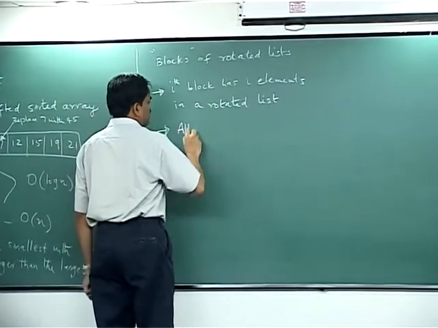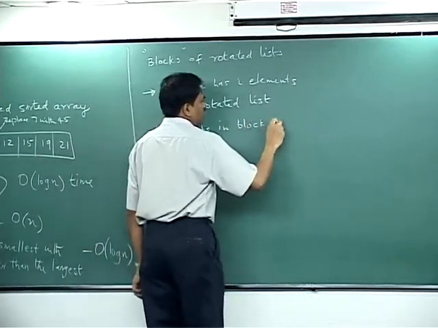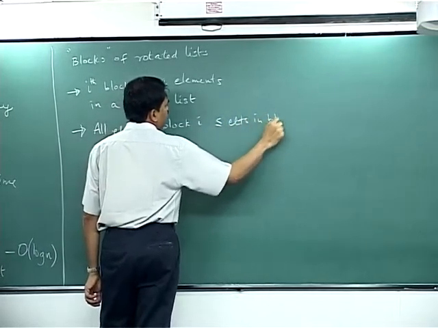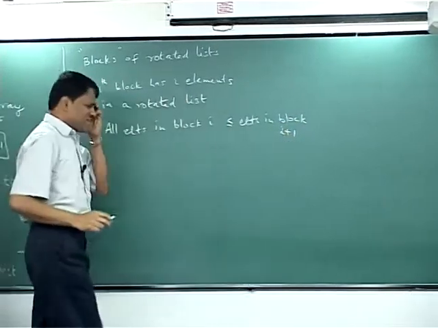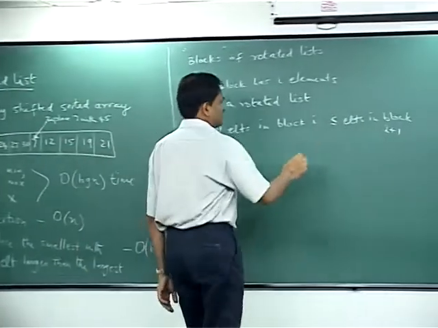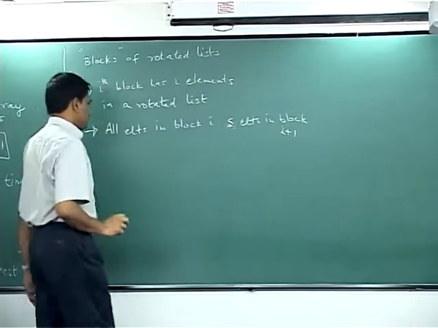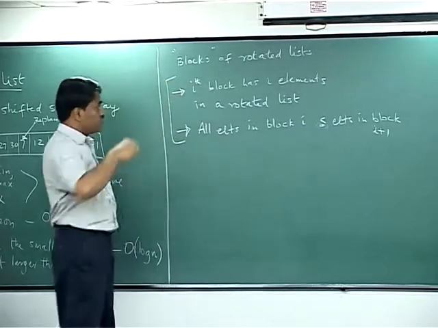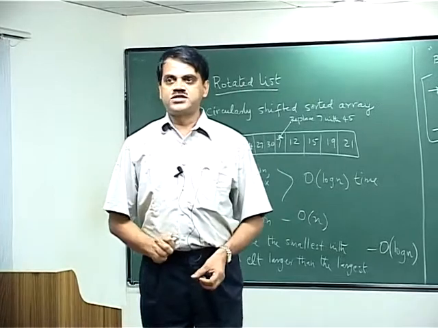and all elements in block i are less than or equal to elements in block i plus 1. For simplicity, I can assume that all the elements are distinct, so I do not have to even say less than or equal to, but the most general definition will say less than or equal to. So this is the structure I am building with rotated lists as building blocks.